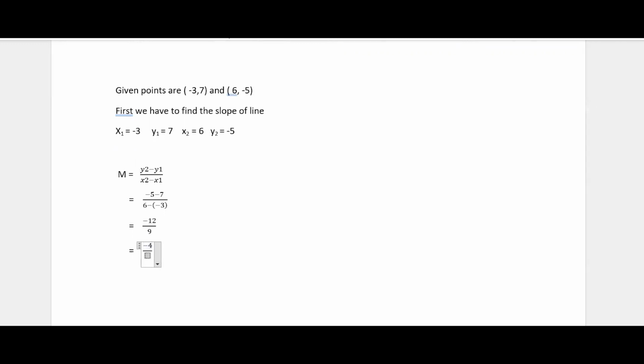Teacher cancelled common terms from numerator and denominator. So this is the slope of line.